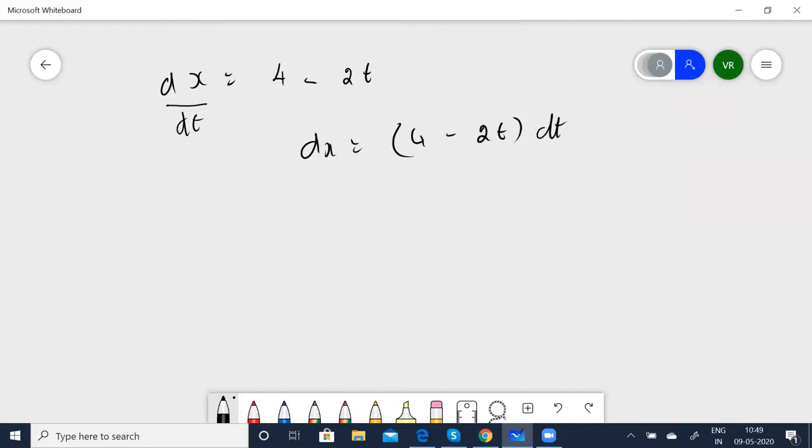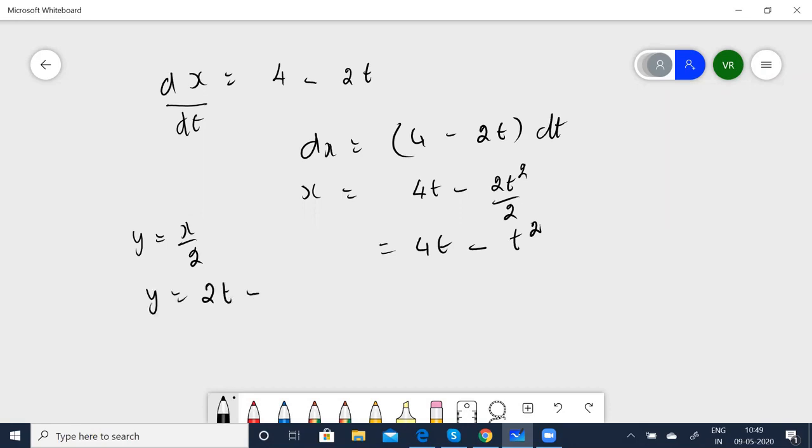Now integrate on both sides, I'll get x is equal to 4t minus 2t squared by 2, which is equal to 4t minus t squared. Now we have y is equal to x by 2, so substituting, y is equal to 2t minus t squared by 2.